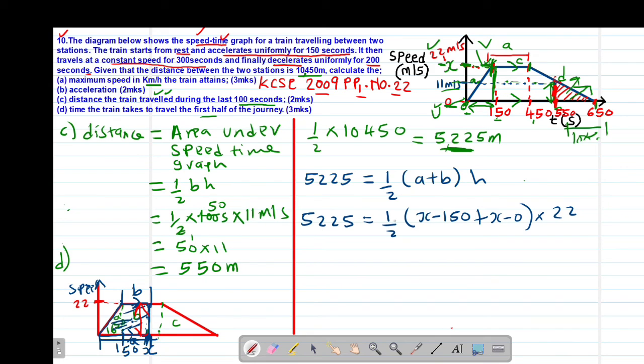So this will be equal to, so I can divide through. So of course 2 here, 2 into 22, that is 11 times. So I'm going to remain with 5225 being equal to, if I add the values in the bracket, X plus X, I'm going to get 2X.